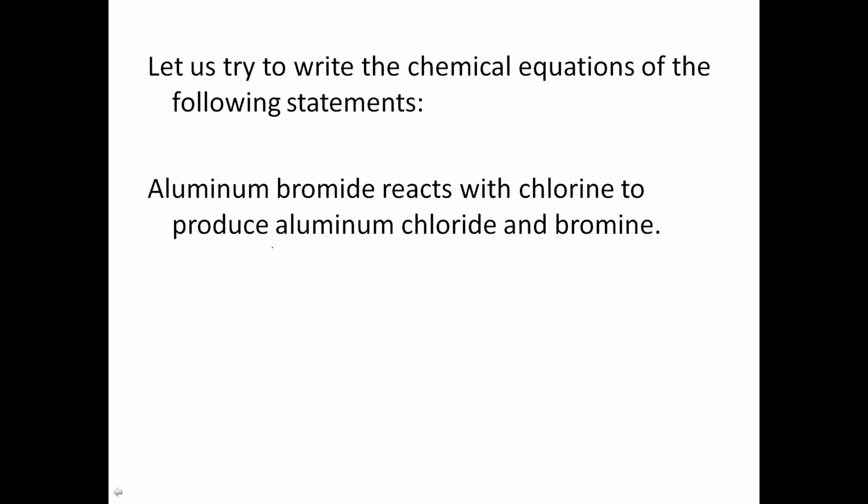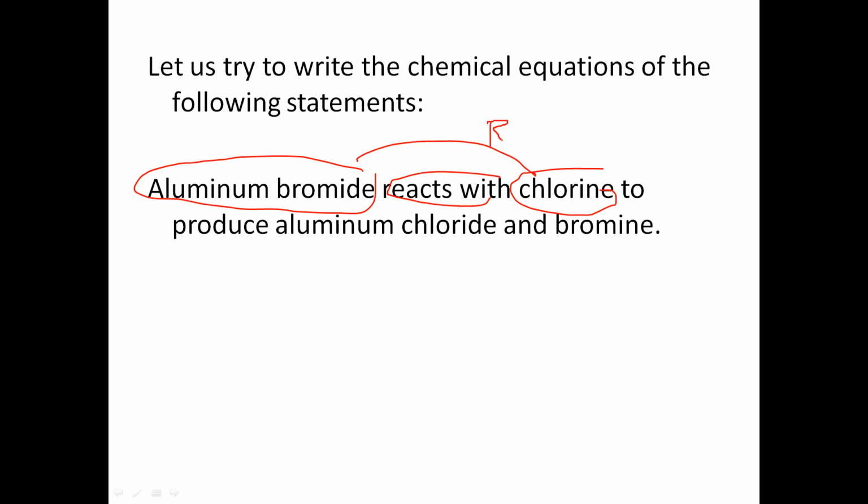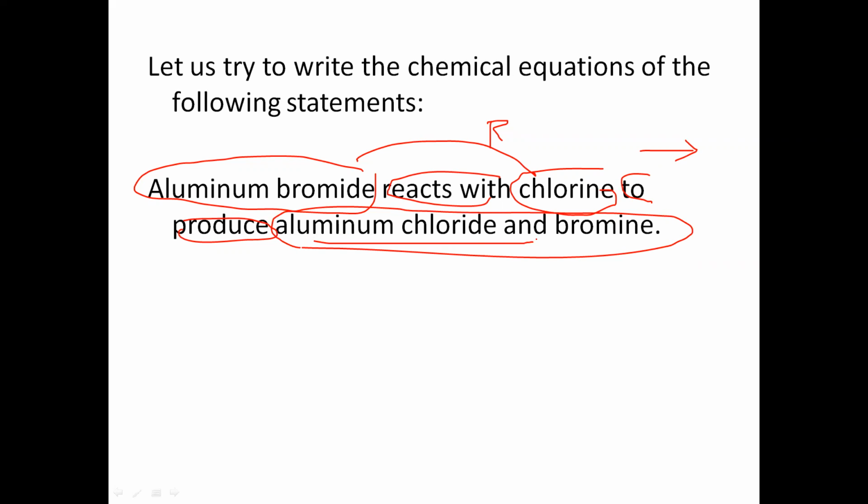If you analyze this statement, the reactants are the aluminum bromide and chlorine, because it says aluminum bromide reacts with, so they are the reactants. When you see the words to produce, it indicates the arrow sign, and then these are the products, because it says to produce aluminum chloride and bromine.